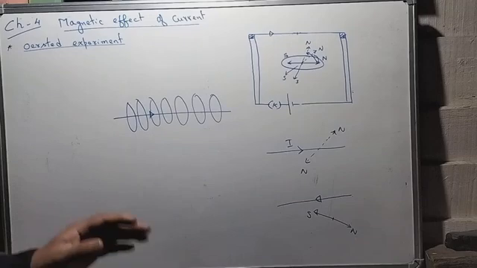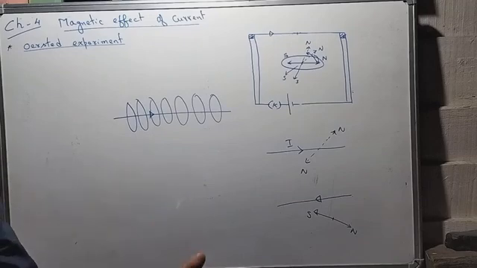Therefore, a charge at rest produces an electric field, but a charge in motion produces not just an electric field, but a magnetic field as well. So these are the conclusions that have been drawn by Oersted in his experiment in the year 1820.